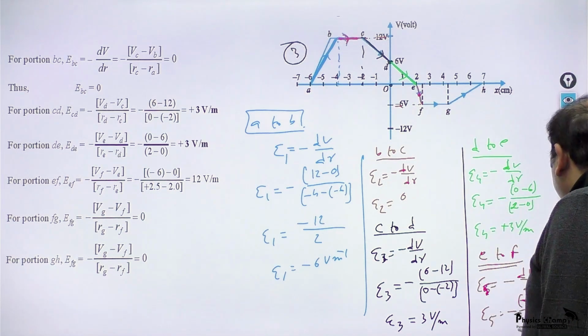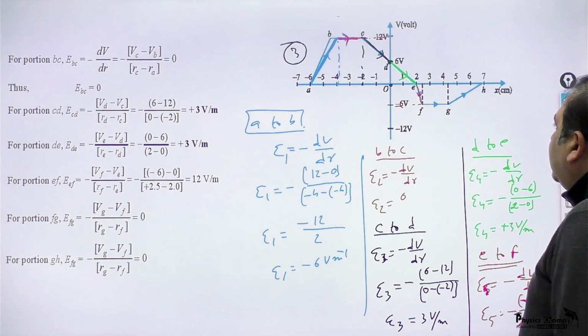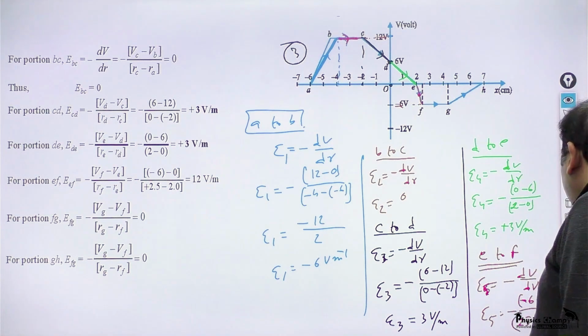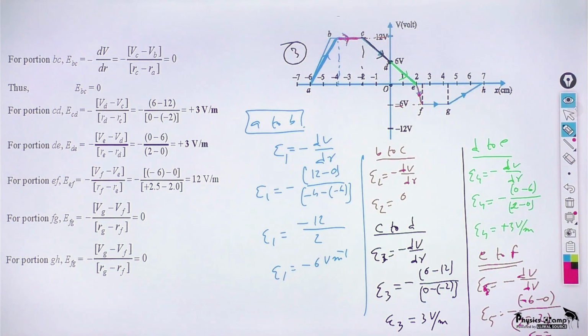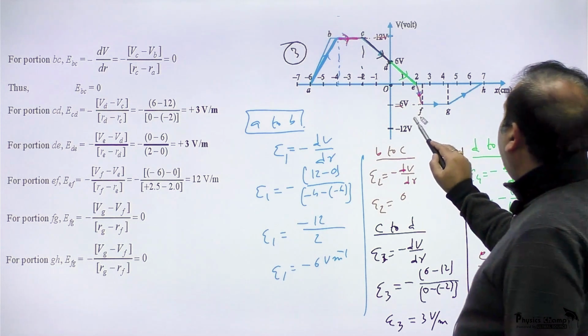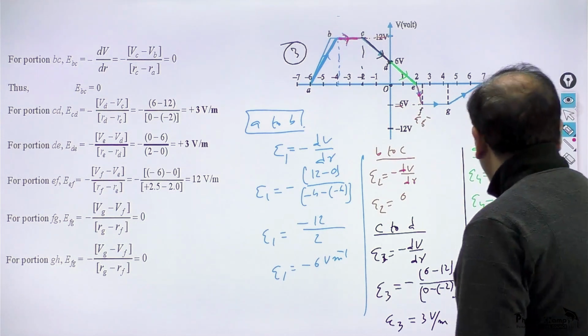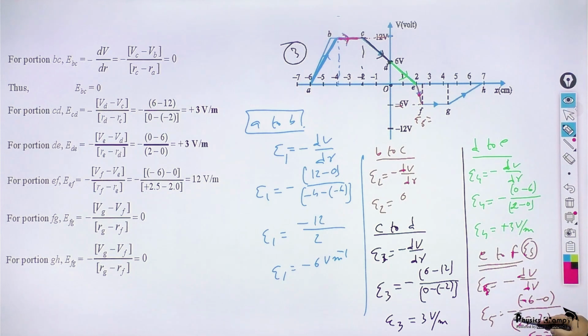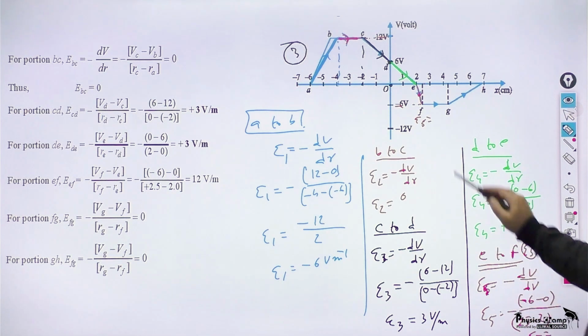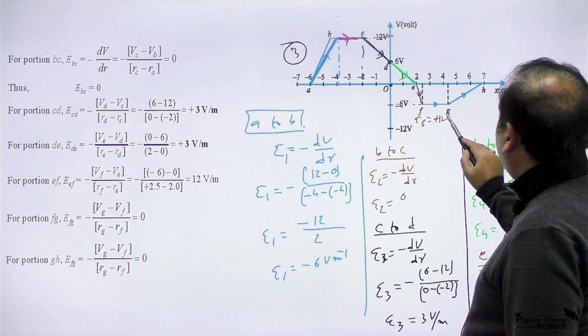So it is 2.5 minus 2. So E5 will come out to be 6 by 0.5, that is plus 12 volt per meter.